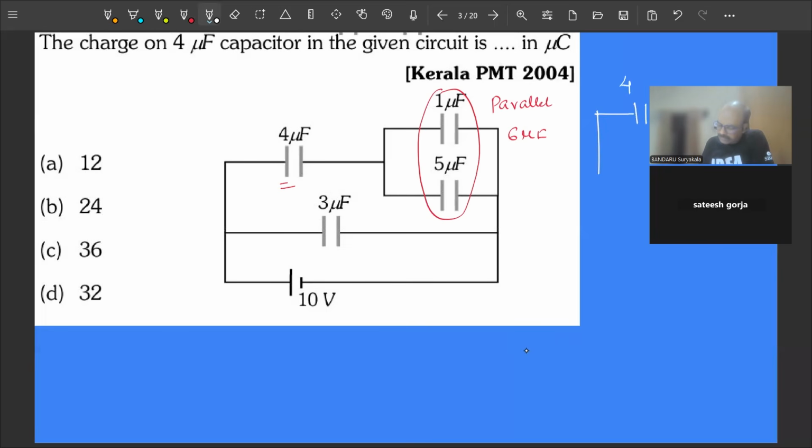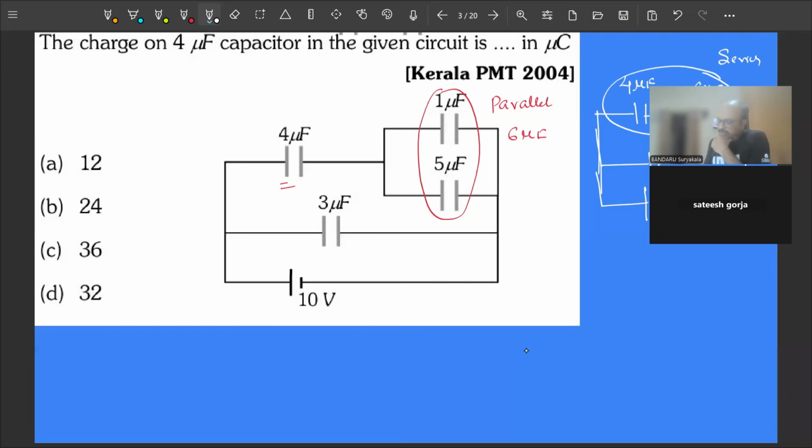This is 4 microfarad, this is 6 microfarad, and one more we have, this is 3 microfarad. And given here is 10 volt. Now 4 and 6 are connected in series.